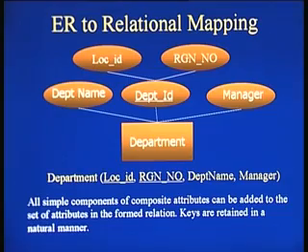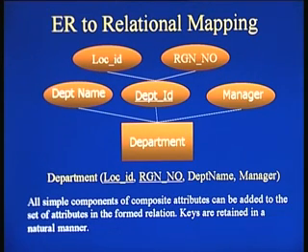Let us say location IDs are given alphabets like A, B, C, D and so on, and region numbers are given numbers 1, 2, 3, 4 and so on. So both of them may have different domains, and they combine to form the attribute called department ID, which in turn is also the primary key of this department.